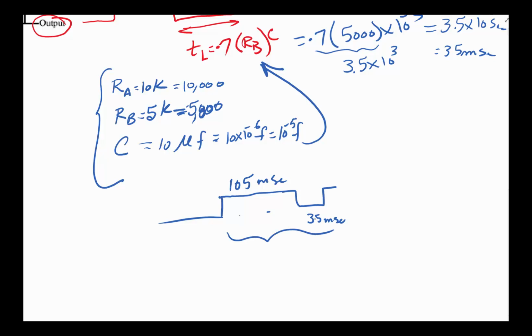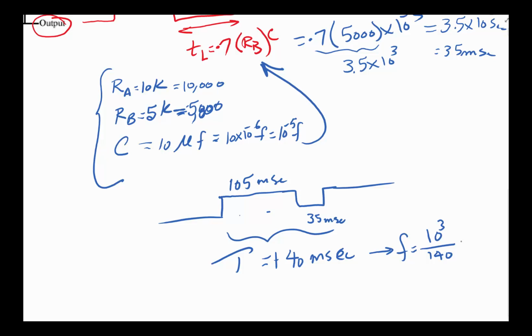Which means the period for this pulse is 140 millisecond, which means the frequency is going to be 1 over 140 times 10 to the minus 3.